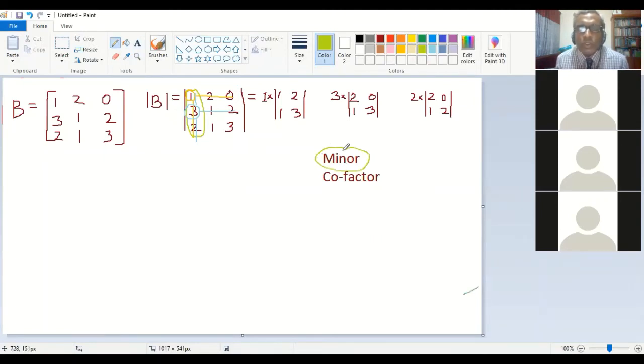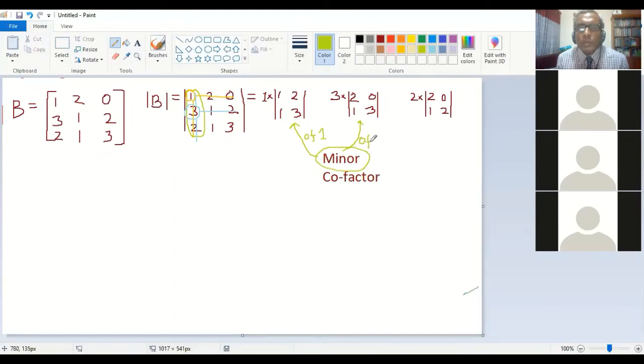So this small determinant, not matrix, small determinant will be called minor of 1. Okay, and this determinant will be called minor of 3.